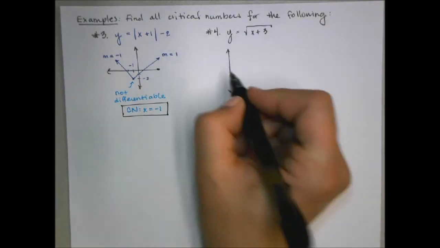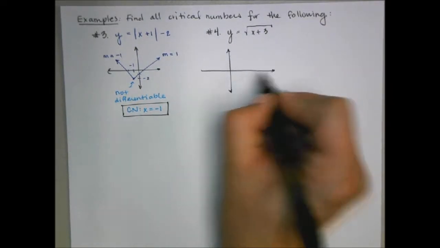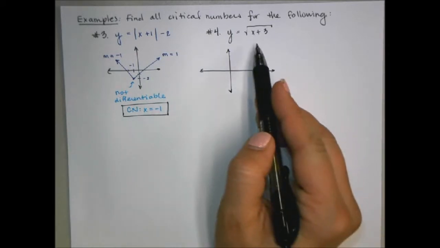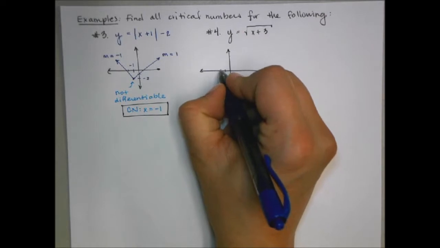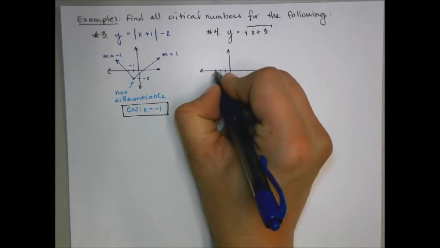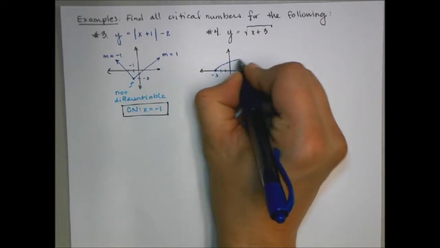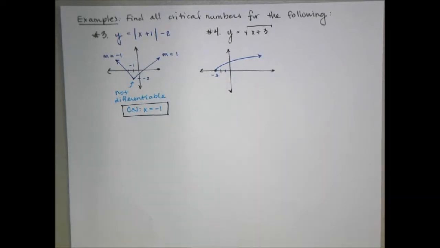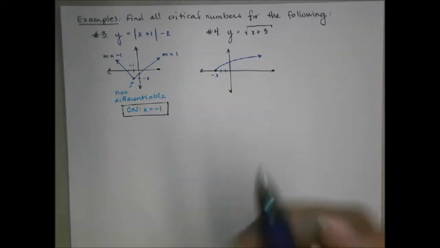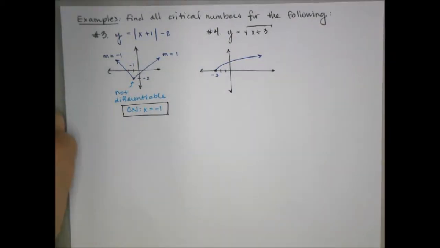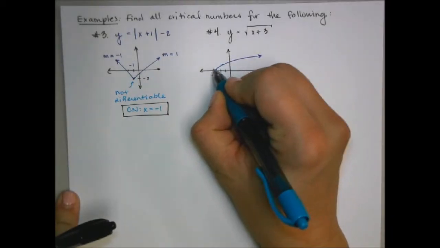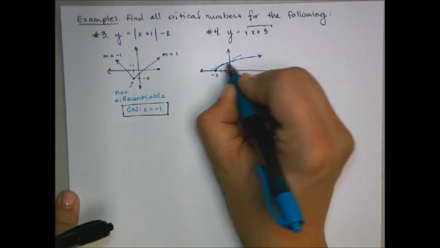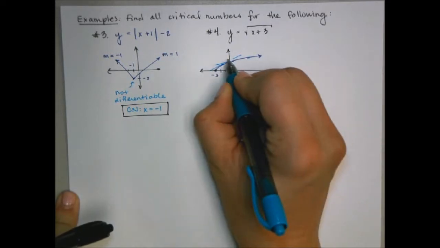So a nice square root of x function, moved 3 units left. A little half parabola there. The slope along our graph is going to change as we move along and find different points. We'll get nice different slopes, but nowhere are we going to end up with a slope of 0.